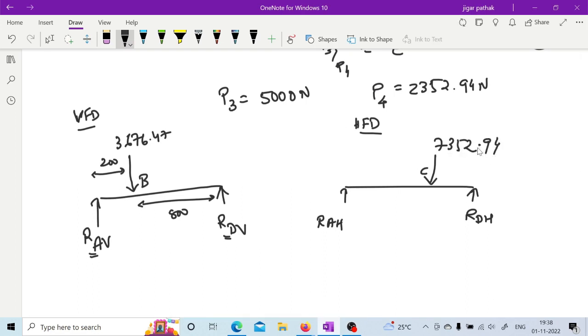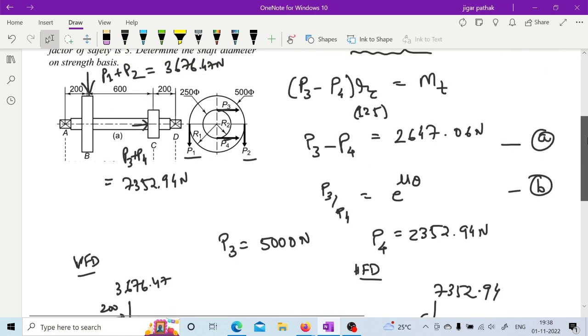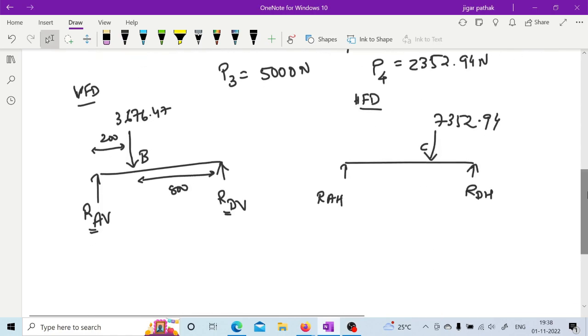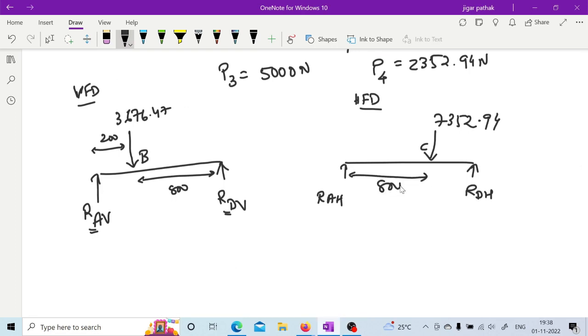So now you can calculate all these reactions, because in case of horizontal you again have 800 and 200 as distances.